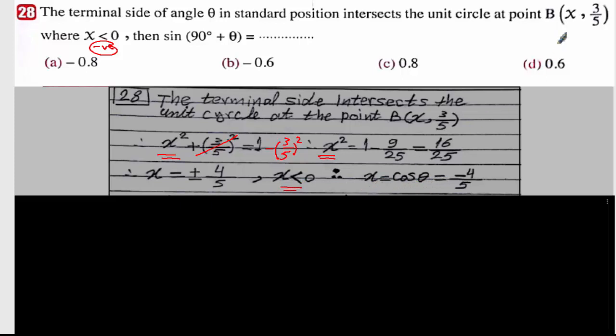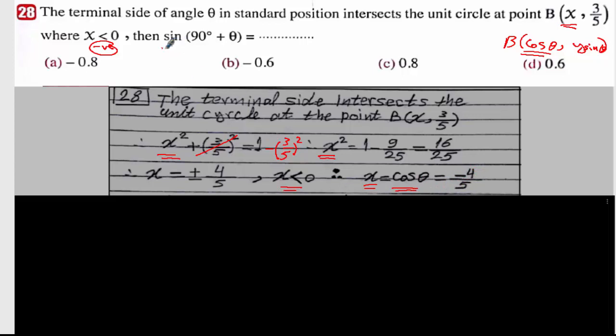You know that any point on the unit circle, like B, has coordinates cosine theta and sine theta. So x equals cosine theta, but x equals negative 4 over 5. So cosine theta equals negative 4 over 5.